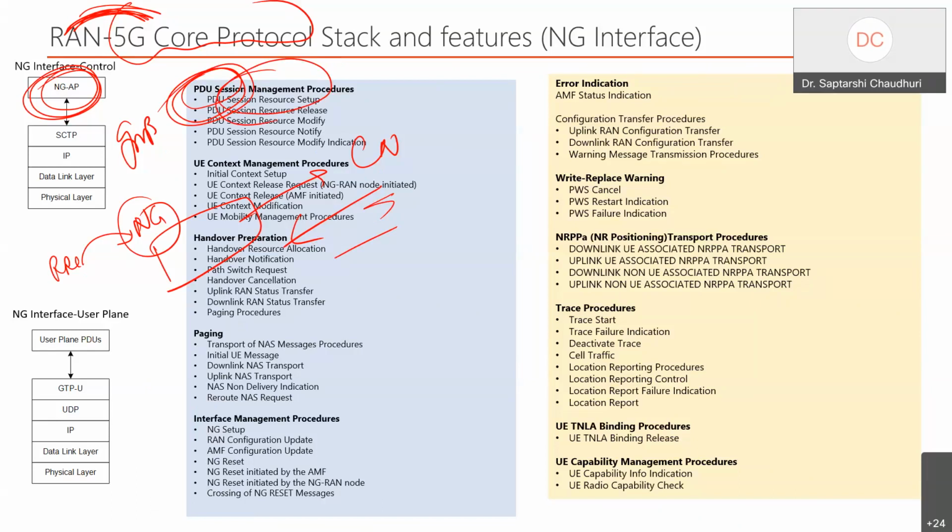I have to tell the base station, please act with respect to the handover. There is a paging that needs to be done. Paging means that there is a packet waiting to be sent to the device. So I have to tell the RRC, please wake up, please send this paging message to the UE.